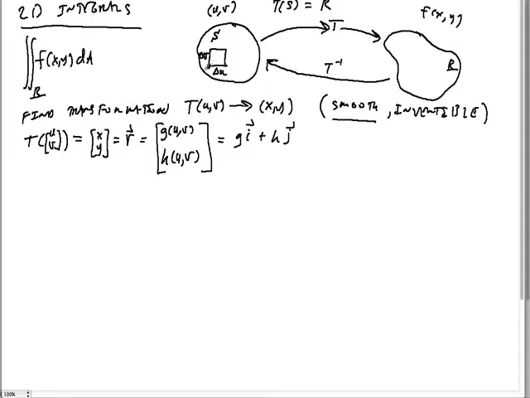I'm going to take a representative point in there, u0, v0, and that point maps to some point x0, y0. This whole box gets mapped to some sort of weird shape, and each corner somehow gets mapped.